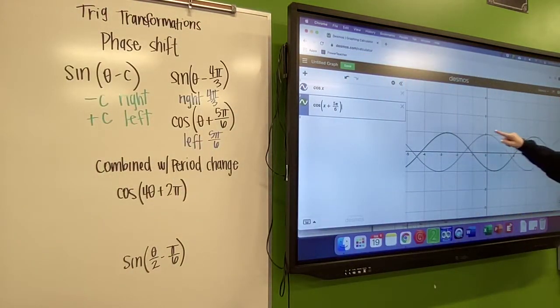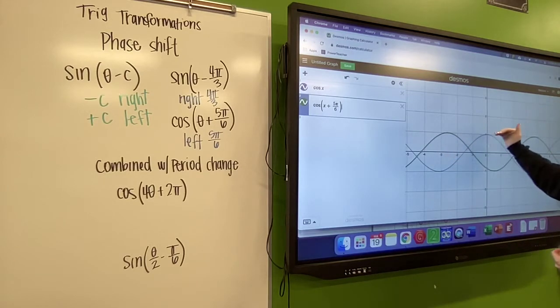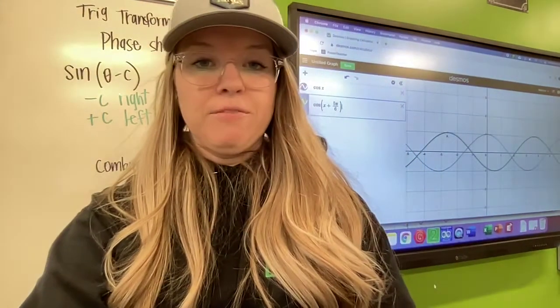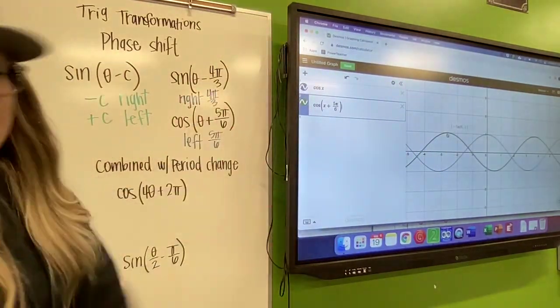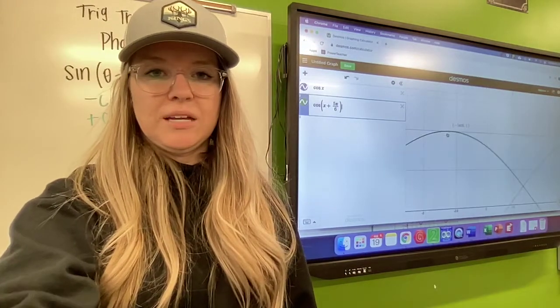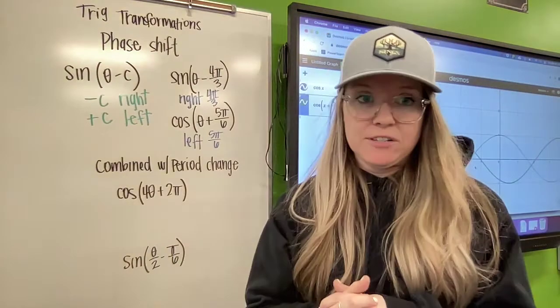Our blue graph is our original, and now we're taking that peak and moving it backwards, 5 pi over 6, so almost a full pi there, because pi is about 3.14, right? So we've almost moved it back. If we were to click on that node, we'd be able to see the negative 5 pi over 6. I'm not sure if you can see it on the camera. It's a little small. But that's how we move left and right.